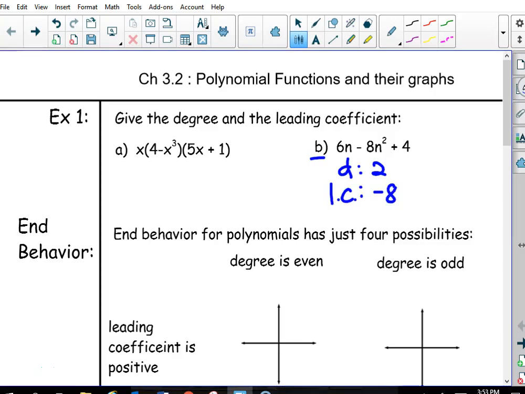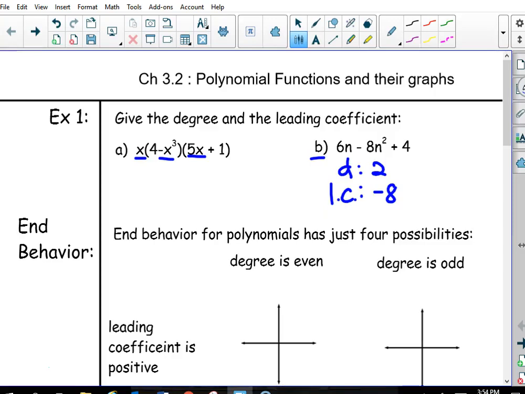Going back to a, though, really I'm multiplying x times -x to the third times 5x. We don't have to do all of the multiplication. We just have to consider what happens when we multiply those three things together, because that will give us our highest degree term, and whatever its coefficient is, that is our leading coefficient.